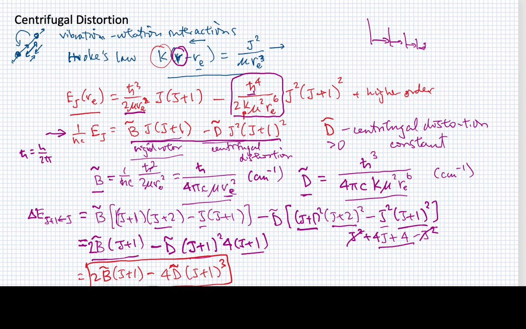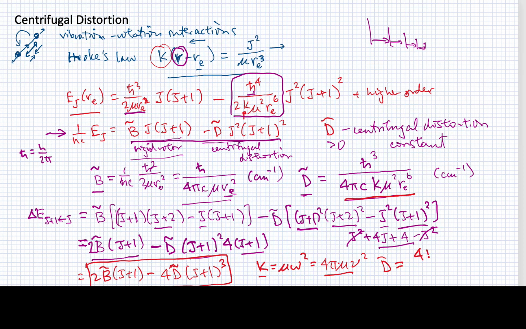Now I'll mention that you can separately show, by using the fact that our harmonic force constant k is equal to mu omega squared, or in fact this is equal to 4 pi squared mu nu squared, we can use this definition in our definition for D up here to actually rewrite D as follows.